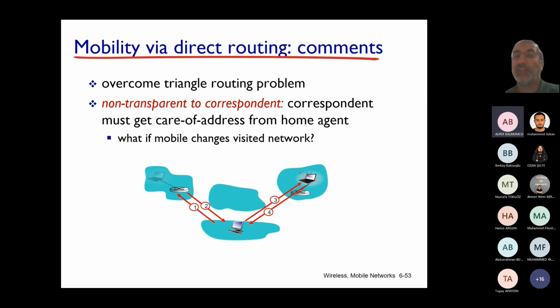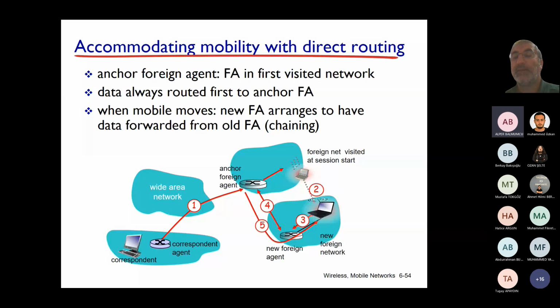What if mobile changes visited network? So let's look at this. I visited this network now. I'm talking at the same time I change my visited network during the session. What's going to happen? First of all, there's a new concept called anchor foreign agent. The foreign agent in the first visited network is going to be your anchor foreign agent.